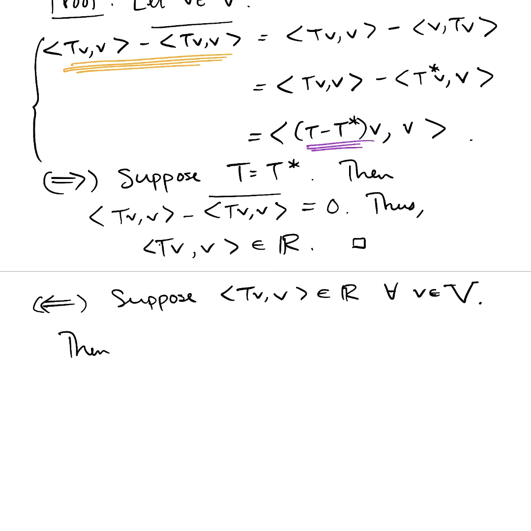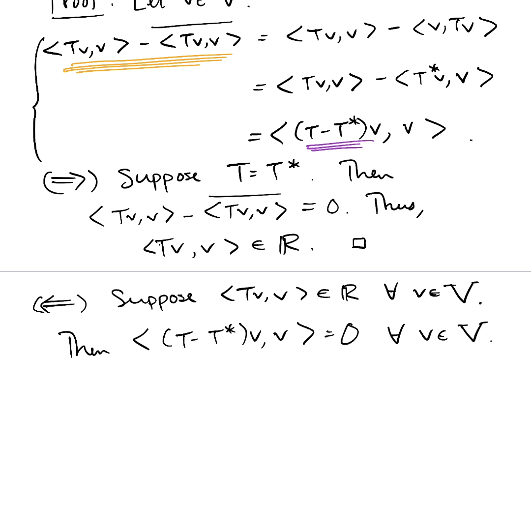And if that side is 0, then the far right-hand side is 0. In other words, T minus T star acting on V, inner product V, equals 0 for all V in the vector space.